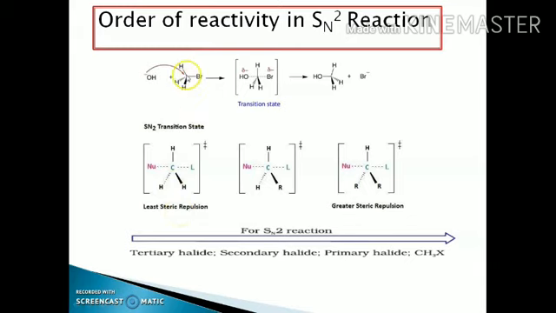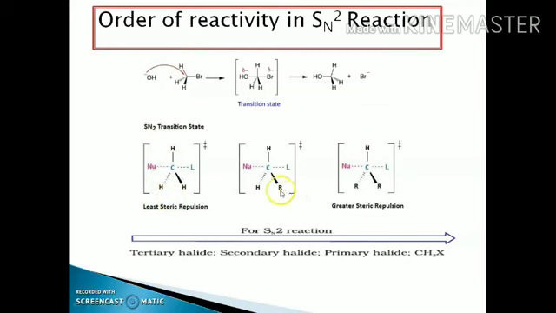Here you can see that the OH group attacks the partial positive charge of the carbon atom and makes the pentavalent transition state, and the bromine negative ion leaves as a leaving group to give the substituted alcoholic compound. In the SN2 mechanism, in this case all the groups are hydrogen.